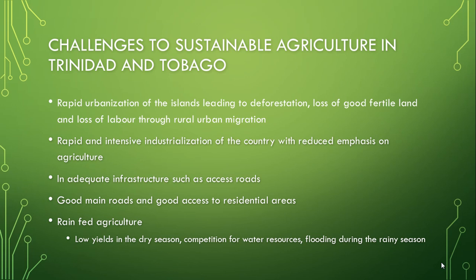As a result, you will have competition for water resources, the minimal available resources that might be available, such as groundwater supplies, etc. And then during the rainy season now, you find we would have to deal with flooding, which will often result in loss of crop production, etc. So this can result in some extreme circumstances for us here in Trinidad and Tobago that makes it difficult to sustain and to keep up a good level of food production on a national level.